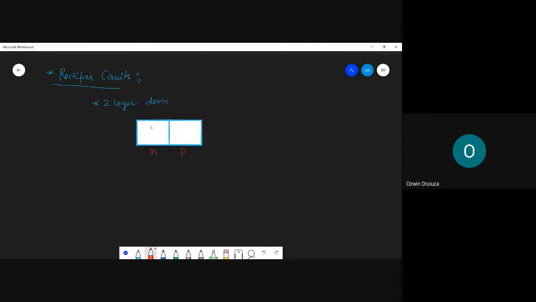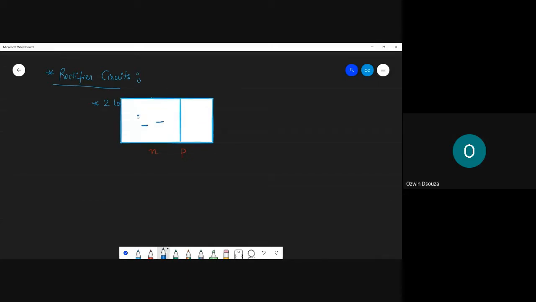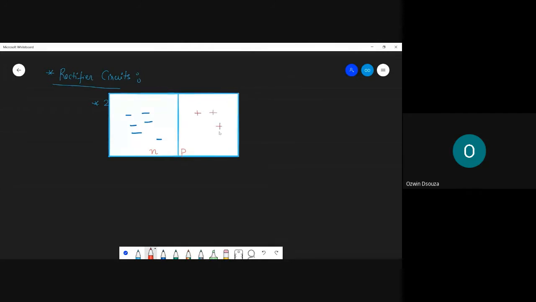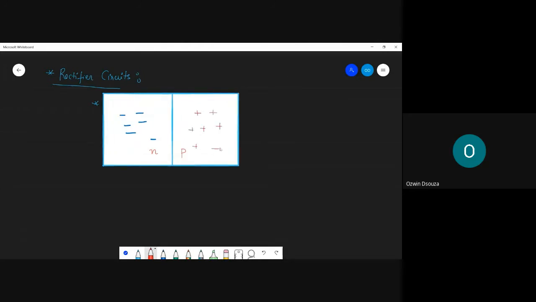On the N side, you will have excess electrons, which you can draw like this. On the right-hand side, you will have excess holes, which you can draw with plus signs.